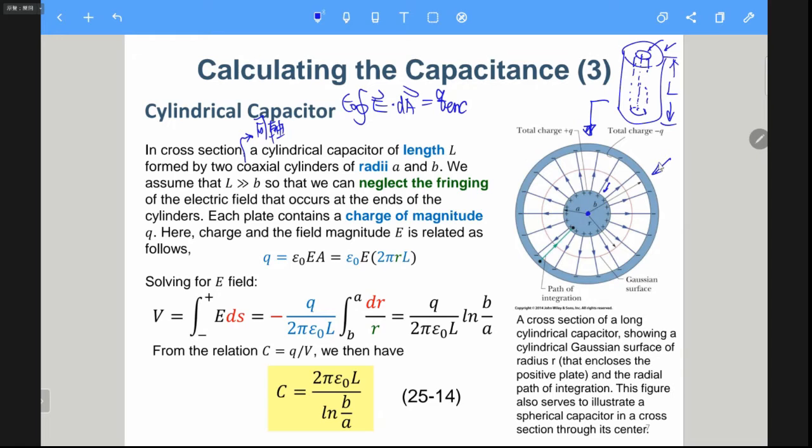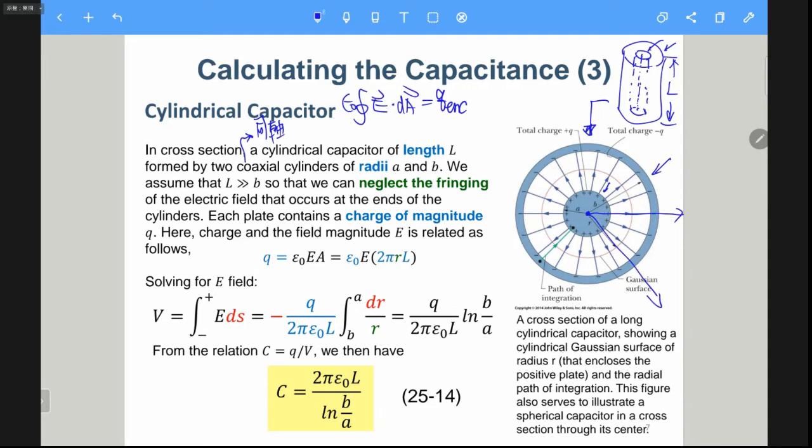Okay, so actually there is some symmetry in this shape. This is a positive plate, this is a negative plate, and you can imagine the E field should be in the radial direction. Radial direction means like this, like that.